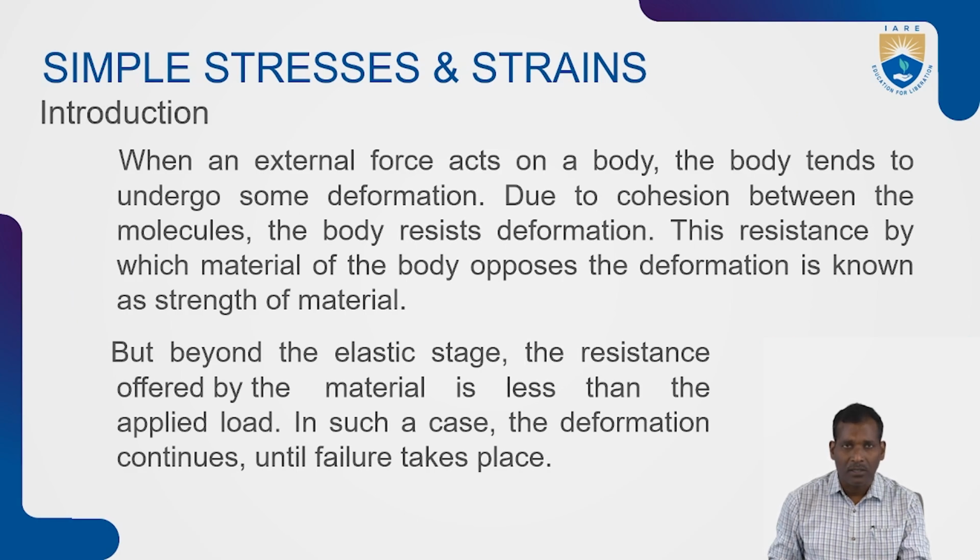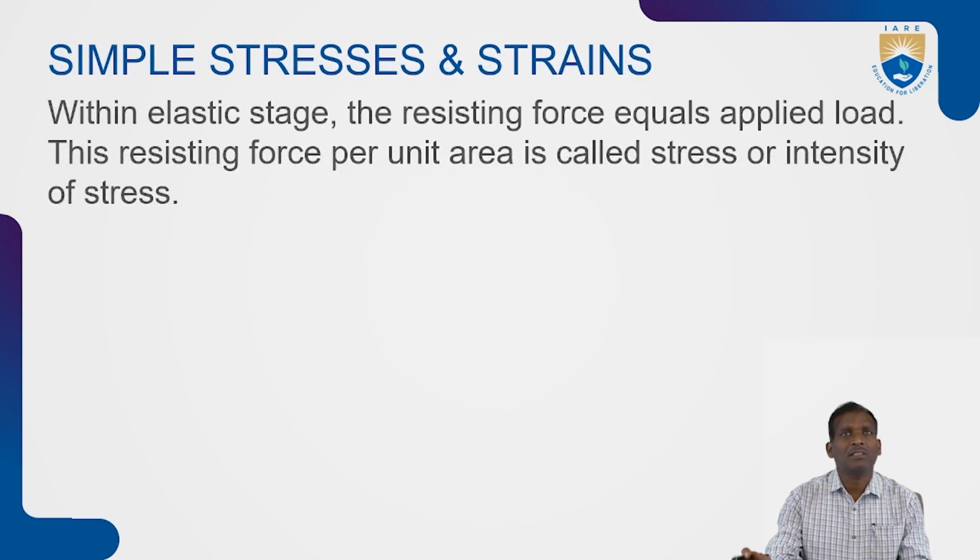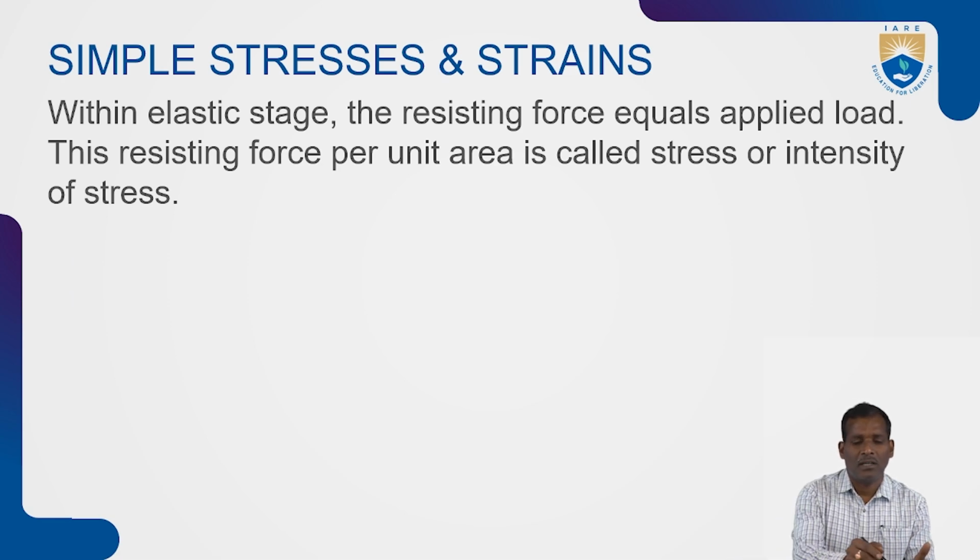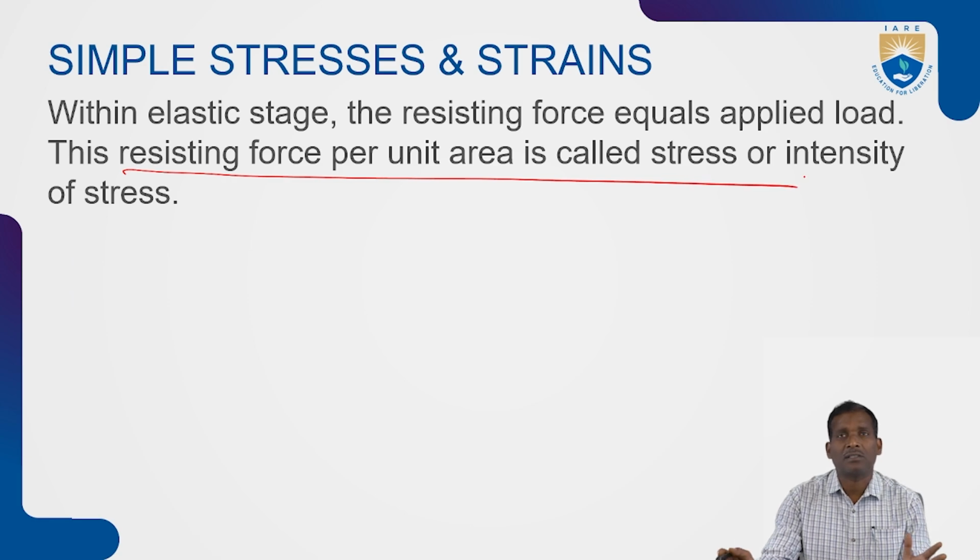This phenomenon we will observe in a stress strain curve. Within the elastic state, the resisting force equals the applied load. This resisting force per unit area is called stress or intensity of stress.